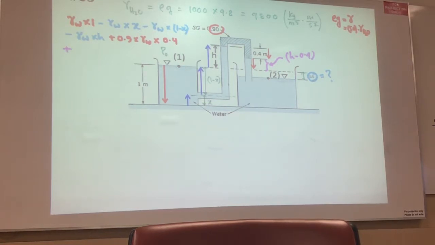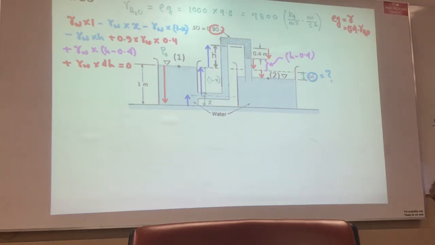So I can write gamma w times h minus 0.4. Right, and finally this value. The last one is equivalent to positive, right? Water times specific gravity 1 delta H is equivalent to 0. Then you can get it. Wow. Understand?